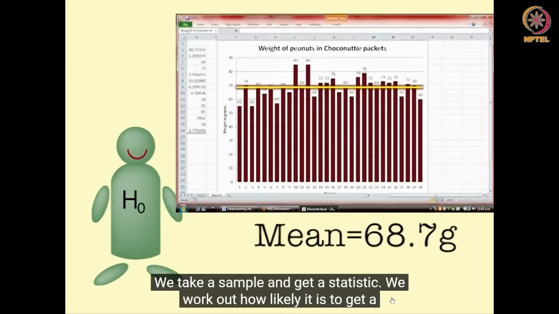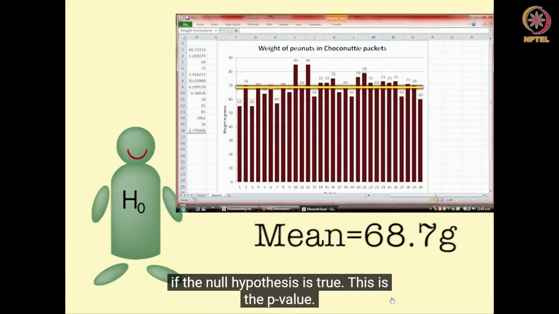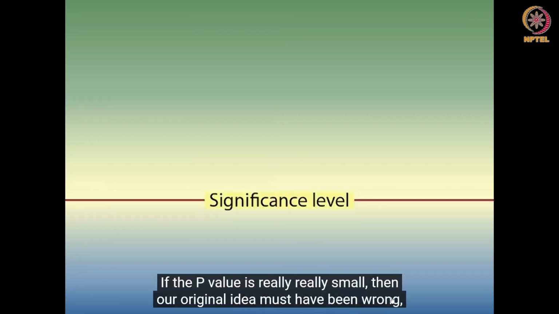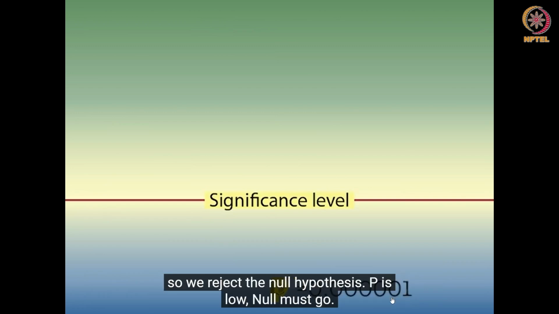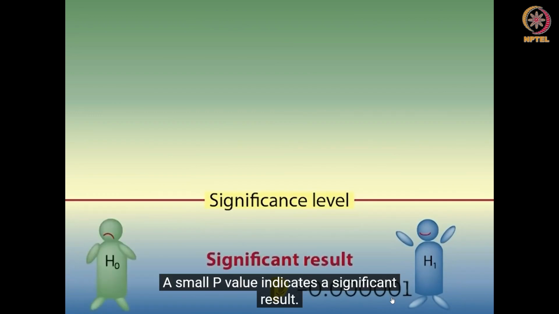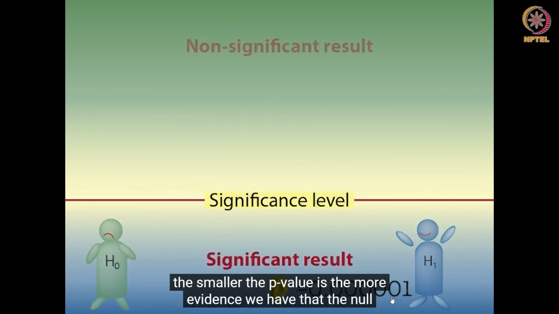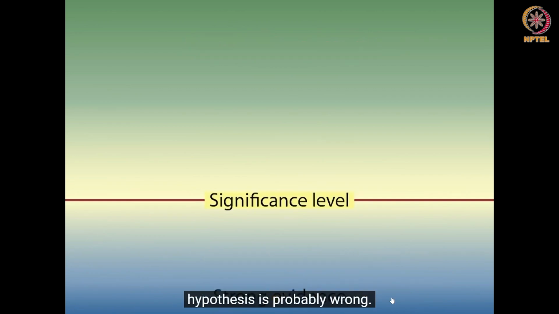We work out how likely it is to get a statistic like this if the null hypothesis is true. This is the p-value. If the p-value is really, really small, then our original idea must have been wrong, so we reject the null hypothesis. P is low, null must go. A small p-value indicates a significant result. The smaller the p-value is, the more evidence we have that the null hypothesis is probably wrong.